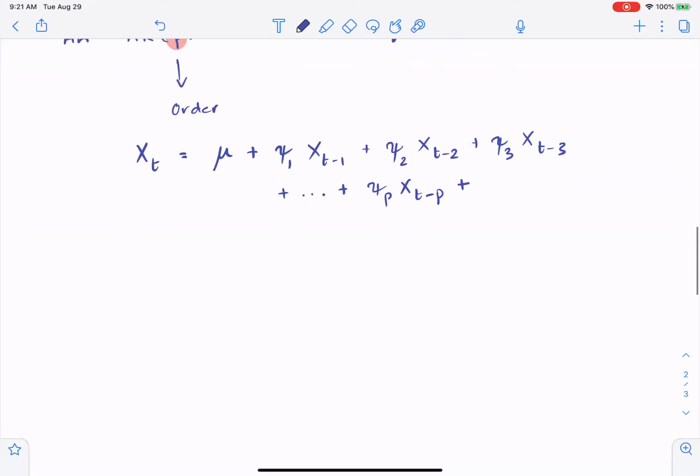Something else goes after that. Can someone tell me what that is? Certainly, the next term would be error. Your book calls it A sub t. I'm okay with it, but the formal notation would be epsilon. I'll put the book's notation on the side.